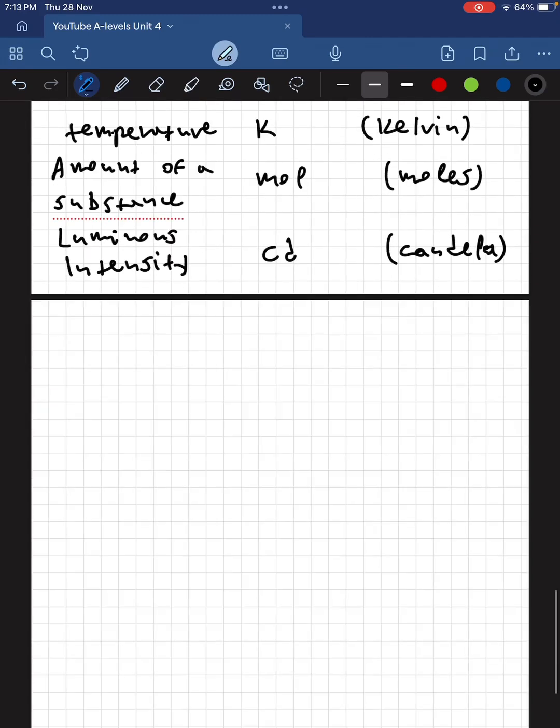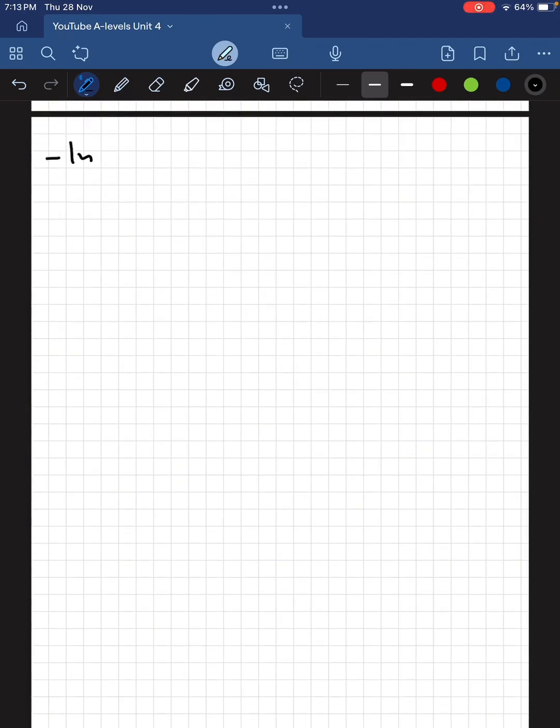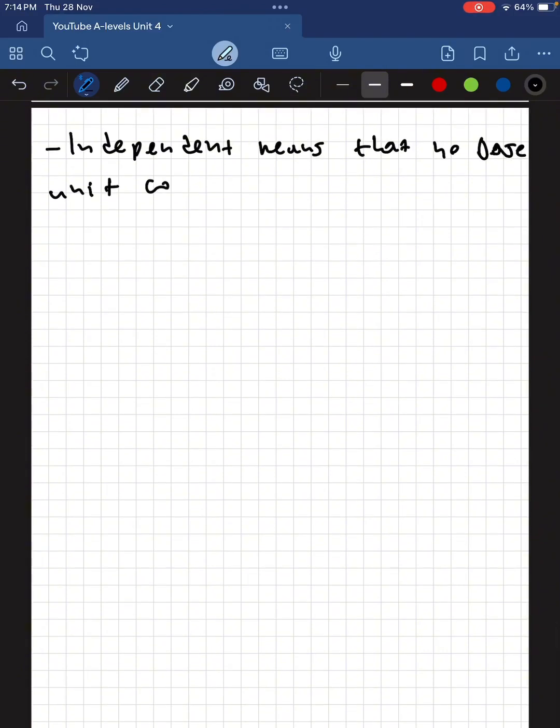All right, so as I mentioned already, independent means, let's write it down so you have it: independent means that no base unit can be written in terms of any other base unit.